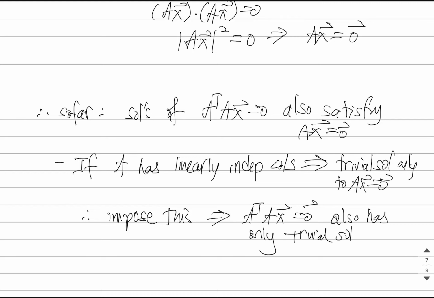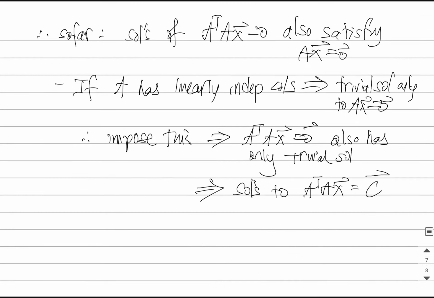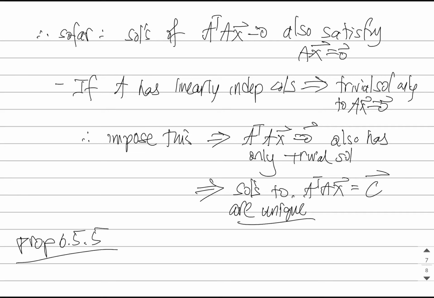And if that's the case, then the solutions to A transpose AX equals whatever vector on this side are unique. And that's what we're looking for, right? We want to make sure that the equation of this line that we find is unique. Well, the only way we can do it is by imposing this condition.